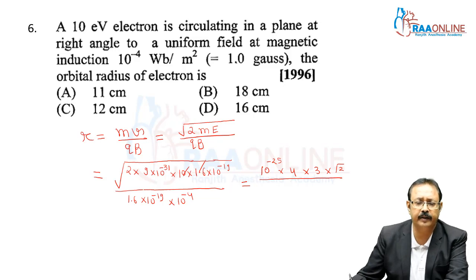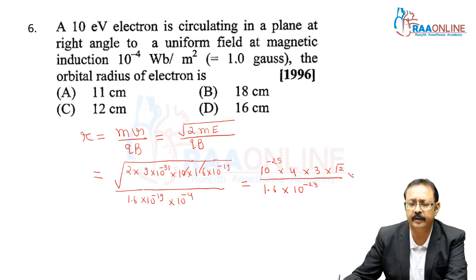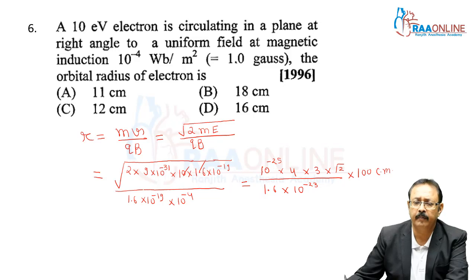In the denominator, 1.6 into 10 to the power minus 23. It is in meter, so multiply by 100 and you will get centimeter. Minus 25 and 100 means minus 23.